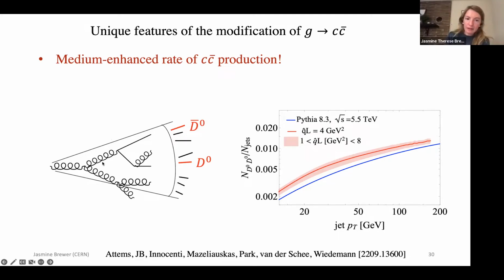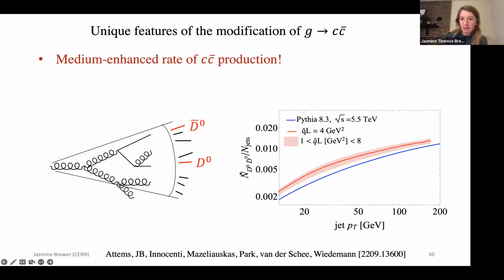So we found in the calculation of this gluon to c c-bar splitting function that this rate is actually enhanced. And then we use this splitting function along with Pythia to estimate the size of this enhancement on the number of D D-bar tagged jets, which could be measured in heavy ion collisions.